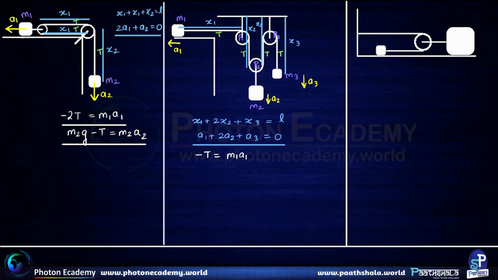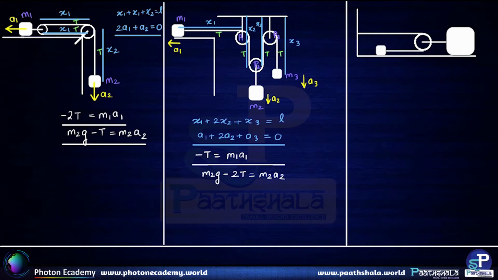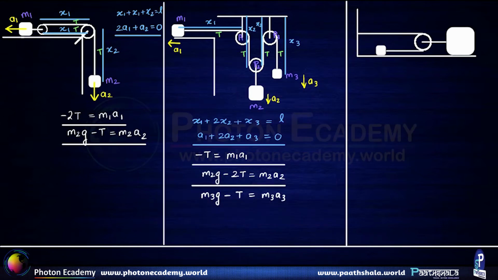For m2, we can write down the equation m2g minus 2t is equal to m2 a2. For m3, we can write down m3g minus t is equal to m3 a3.